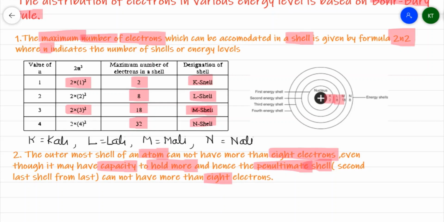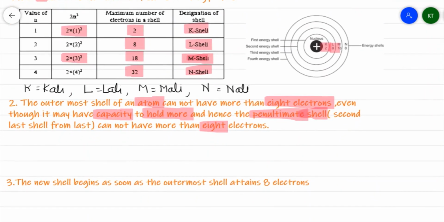Now, how can you work this out? Let us take a simple example, potassium, whose atomic number is 19. If I take the above values, the electronic configuration is 2, 8, 9, because I fill 2 electrons in the first shell, 8 in the second, and the third can take 18, but I have 9 electrons, so I put 9 there.